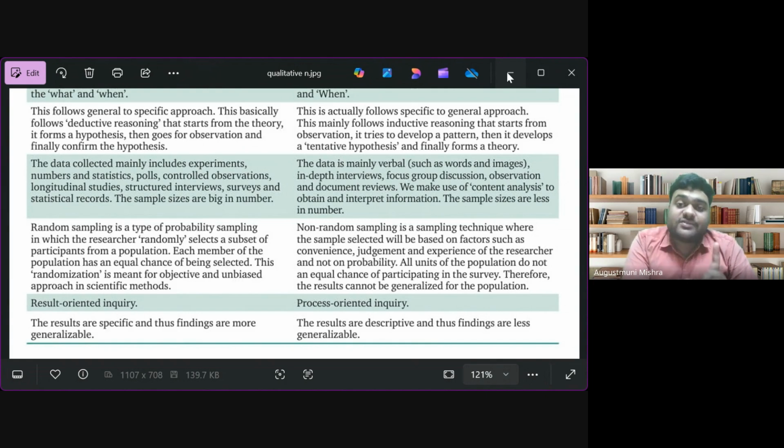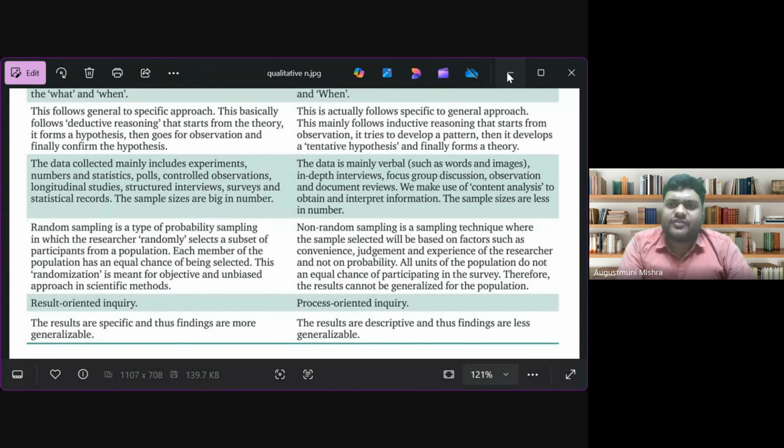See, yesterday I was talking about the biasness, and in Western countries, people used to see qualitative research as a kind of biased research. This is the basic reason, because whenever you are taking random samples, it makes your study more reliable.